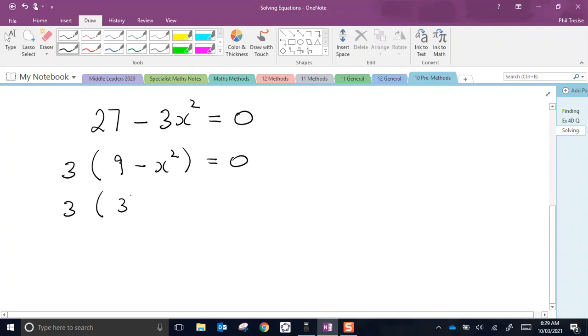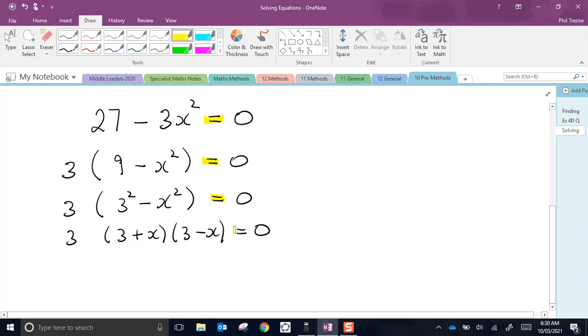Just to be sure, I'll write this as 3 squared minus x squared. And now the difference of two squares would become 3 plus x and 3 minus x, all the while equals 0.